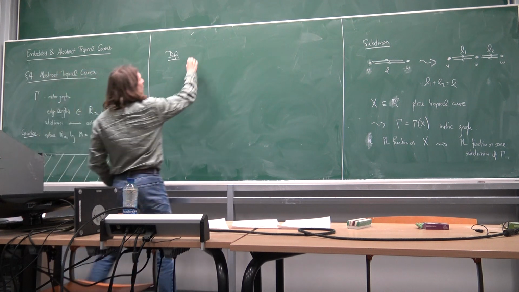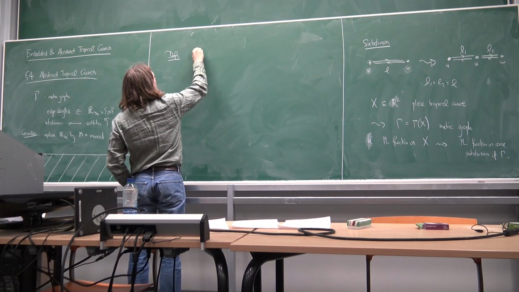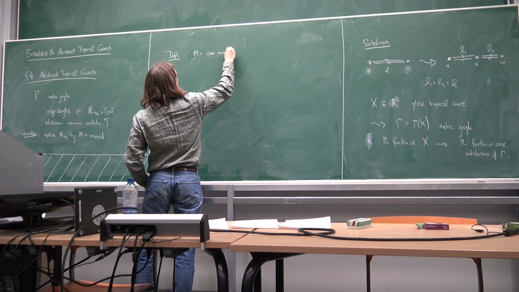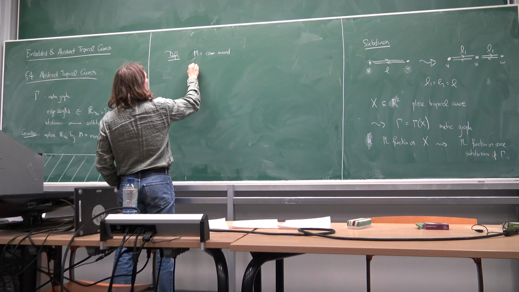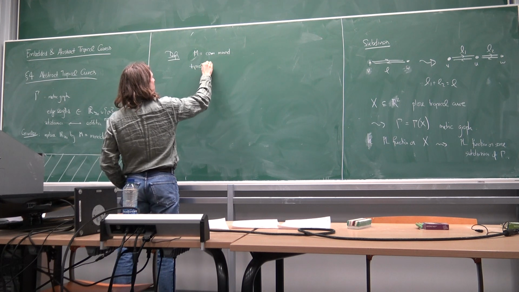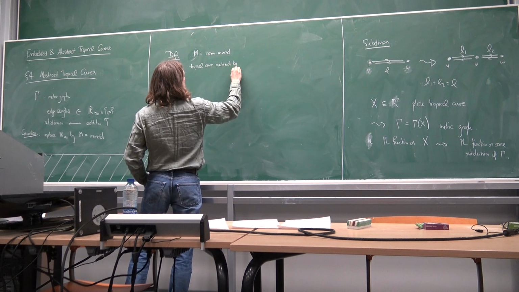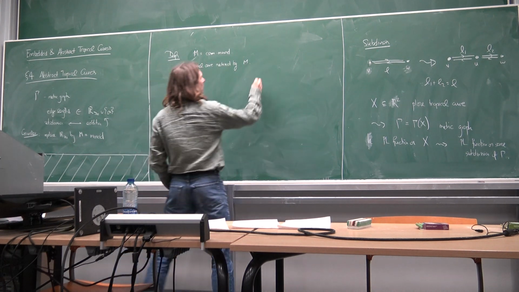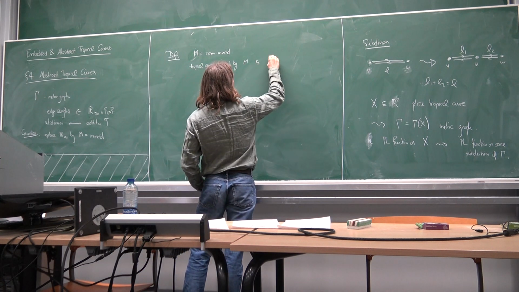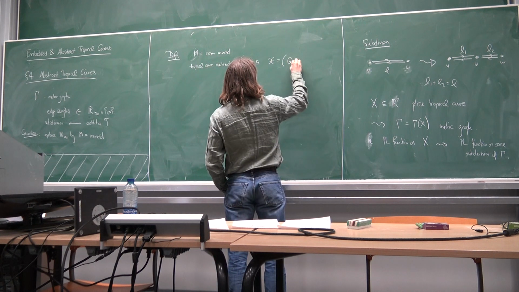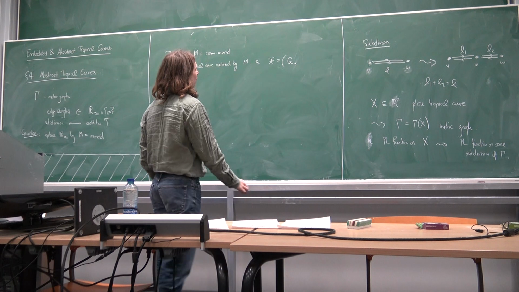So again, if M is a commutative monoid, then a tropical curve metrized by M consists of a quadruple, so it's going to be a set and a bunch of functions on this set.